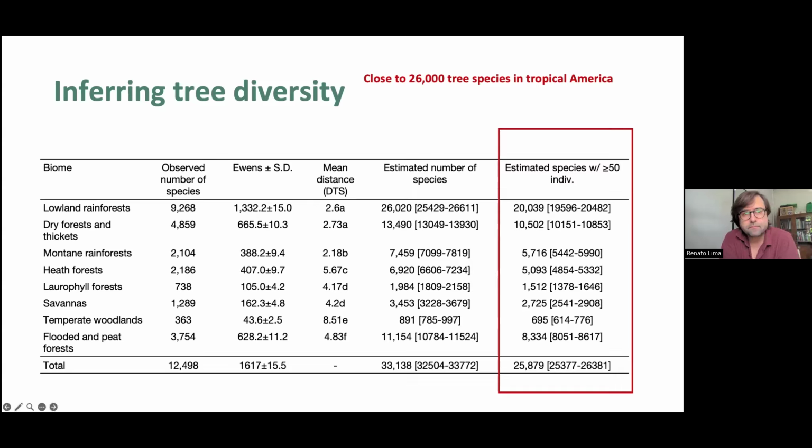We define viable populations as those having predicted population sizes above 50 adult individuals. In total, we are talking about 26,000 tree species in tropical America, which is at least 20% more than other predictions we had for the region so far. Next slide, please, Jerome.